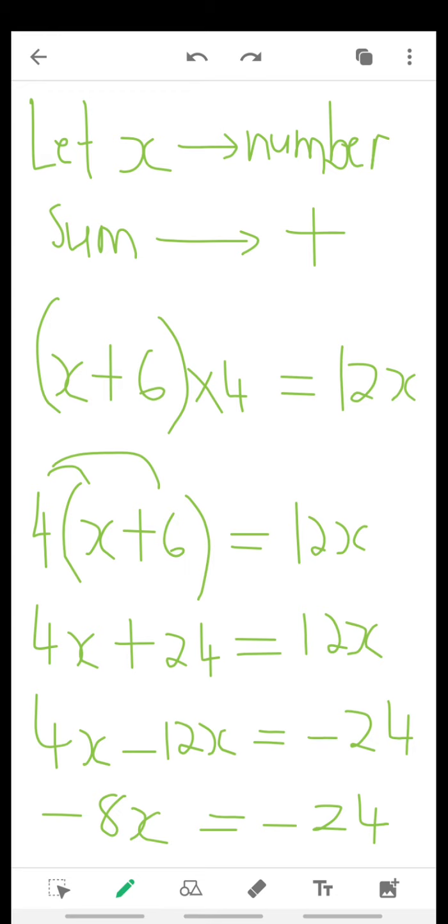It will be 4x plus 24, all equals to 12x. Transpose the 12x to the other side, then we'll be getting 4x minus 12x. Then take the plus 24 to the other side, we'll be getting minus 24. 4x minus 12x is minus 8x, all equals to minus 24.